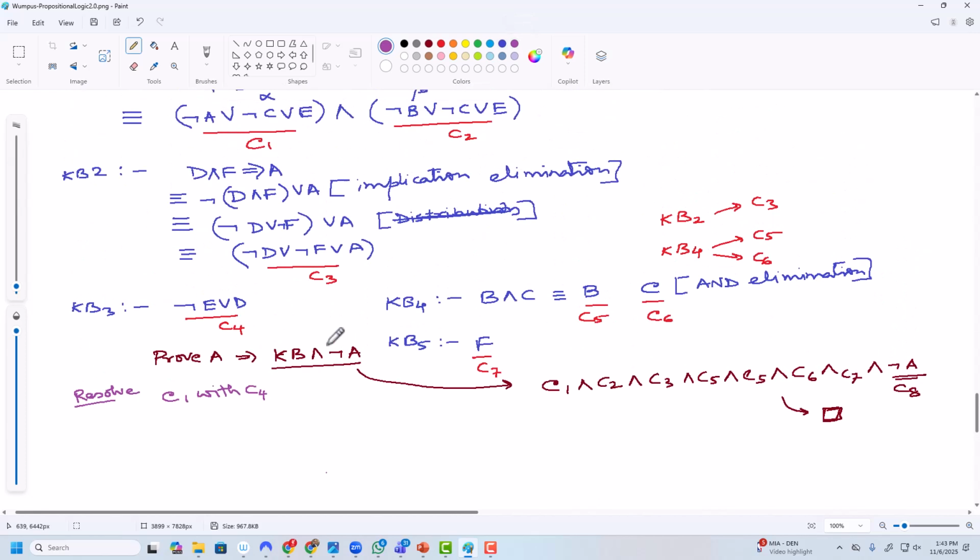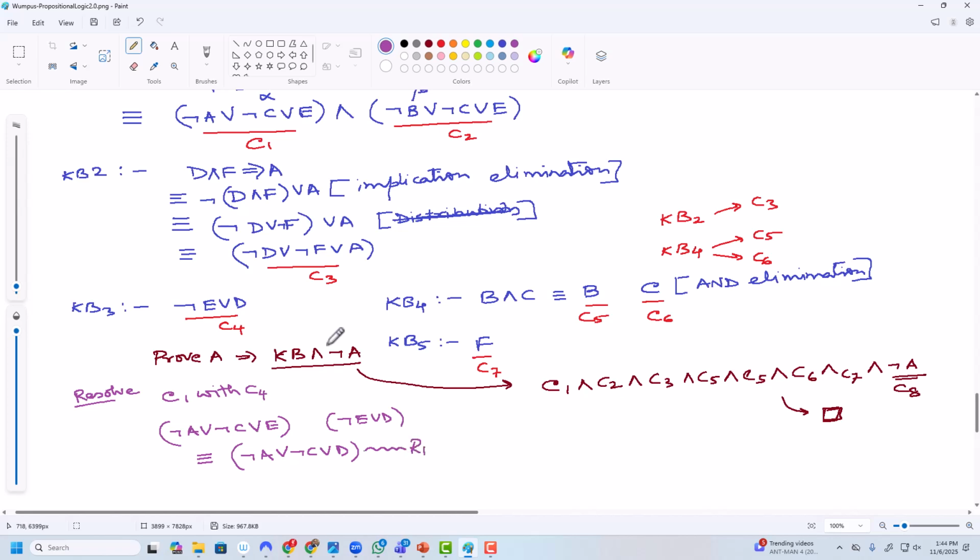If you don't remember, C1 is not A or not C or E, and C4 is not E or D. When you resolve these, E and not E cancel, so what we produce is not A or not C or D. We call it R1, resolvent 1.